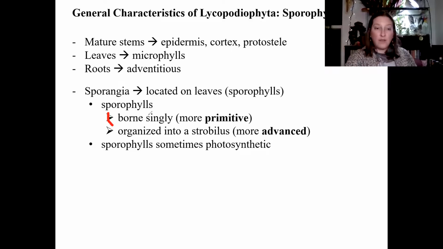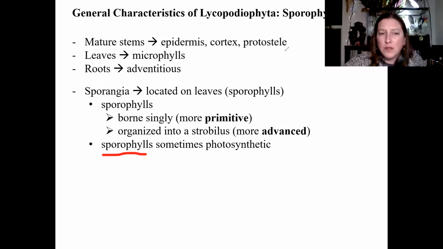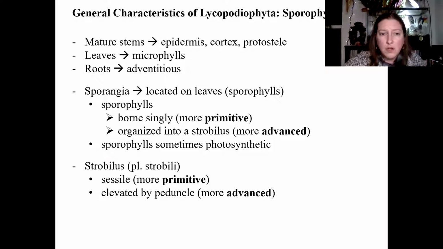However, over evolutionary time, some species have their sporophylls organized into a structure called a strobilus, which we talked about last time, and that's the more advanced way. And like I said, sometimes the sporophylls are photosynthetic. Let me just look at what I do on the next slide, because it may be worth it to draw.